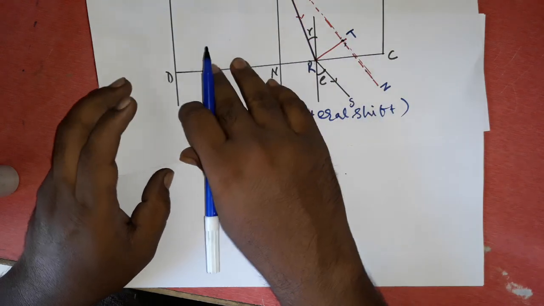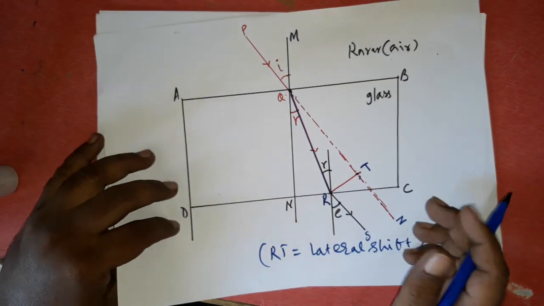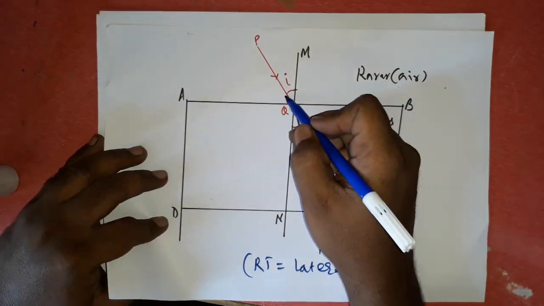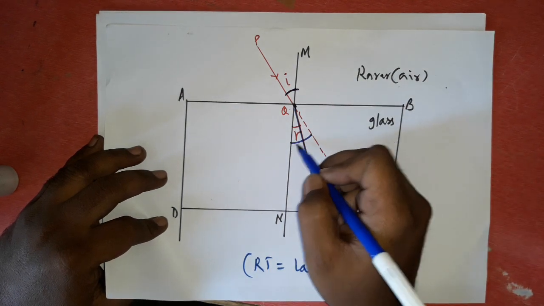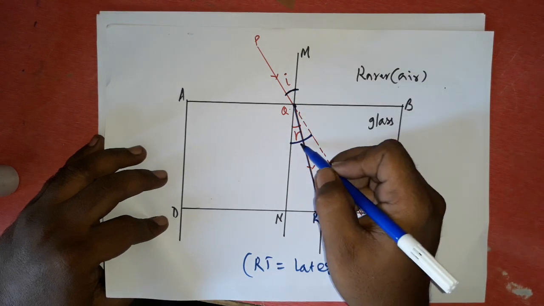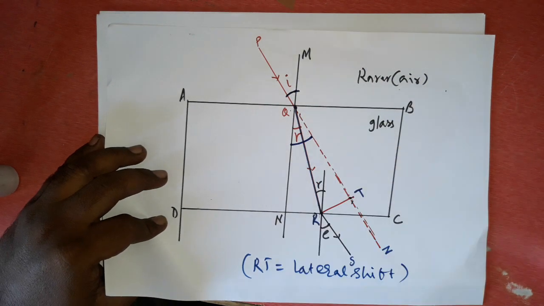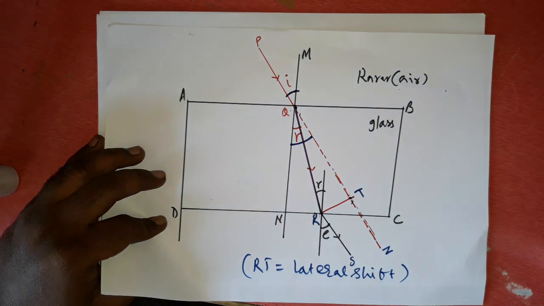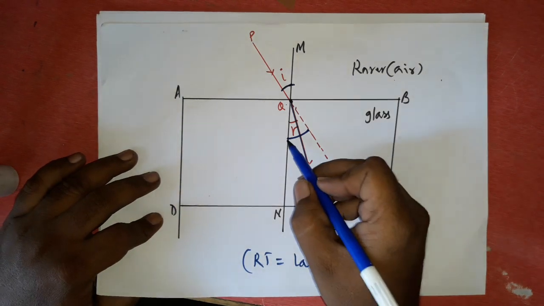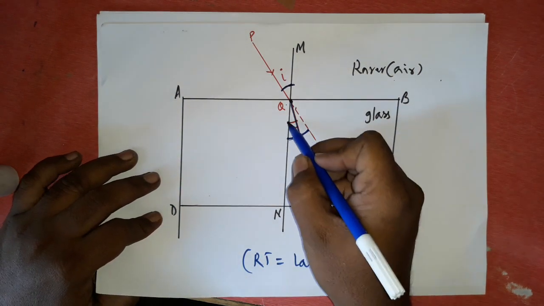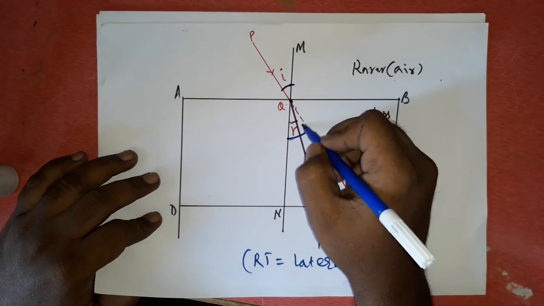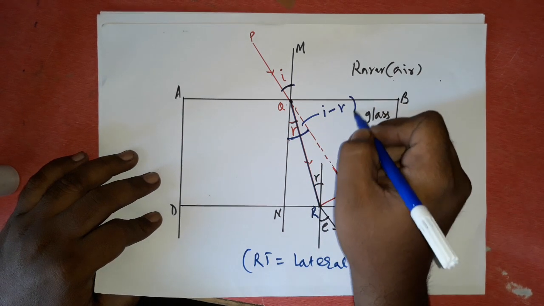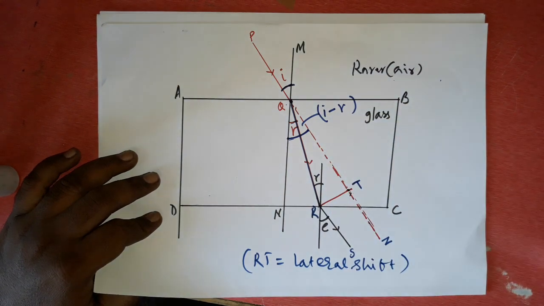This angle is I, that means this complete angle must be I. This should be I because they are vertically opposite angles. Out of this angle I, this much is R. Then this angle must be I minus R.